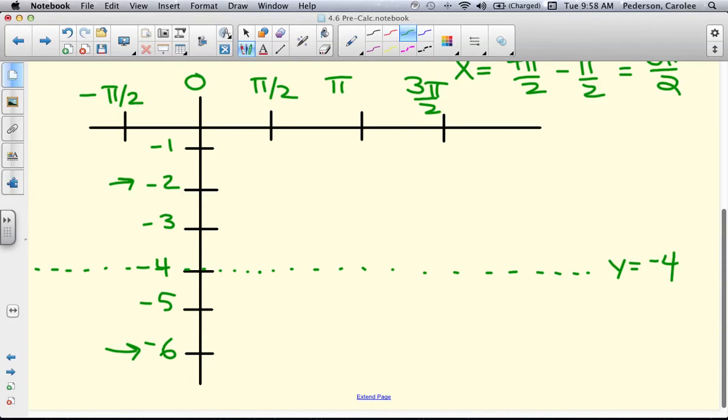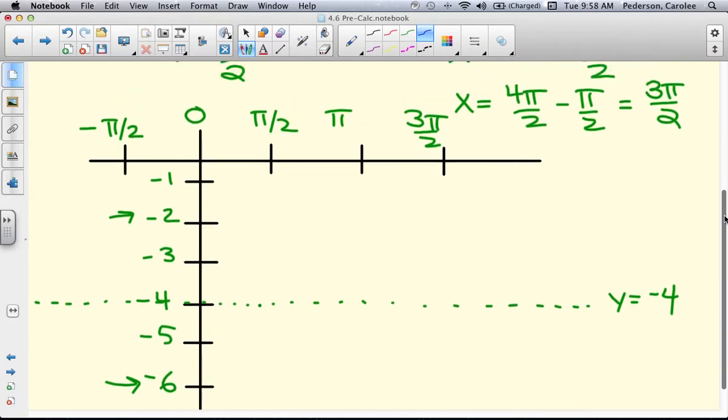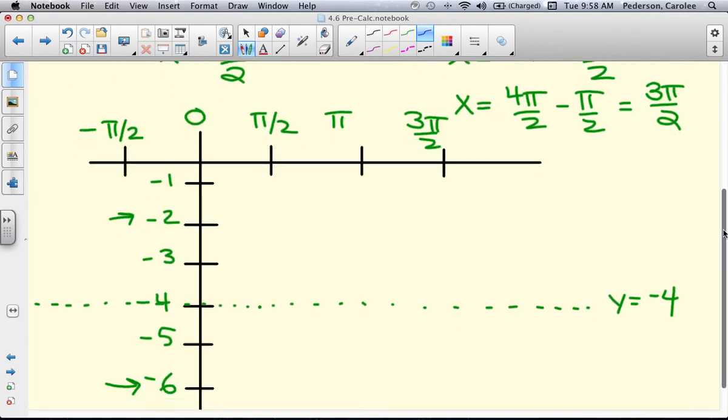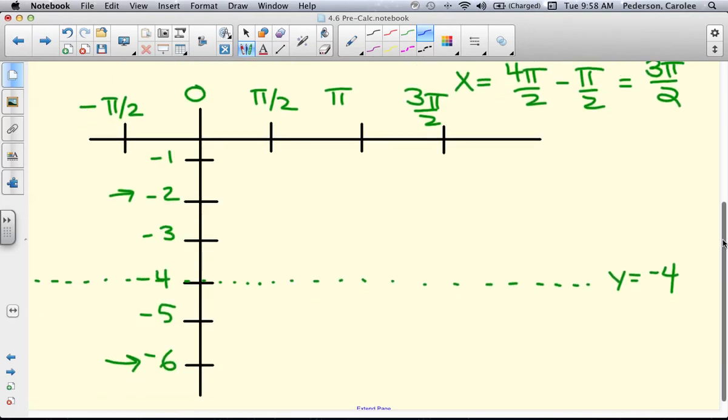All right. Now let's go ahead and graph our function. So our function was cosine, so we'll do that in blue. There was no reflection, so it's going to start at the top. So here's the start of the amplitude at the top.